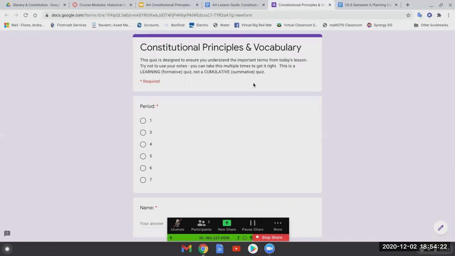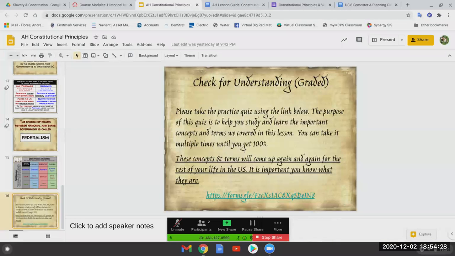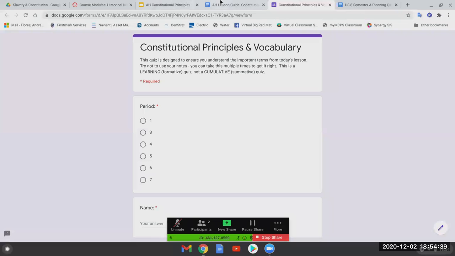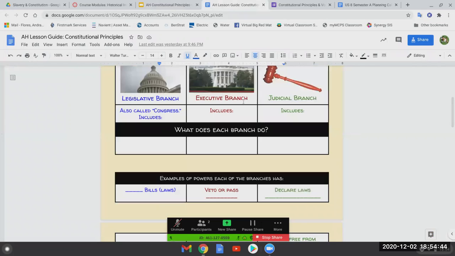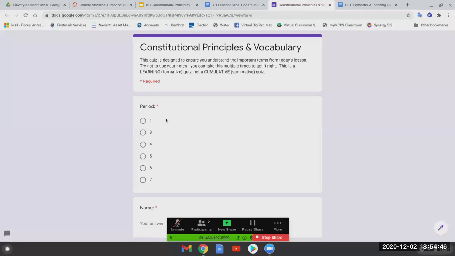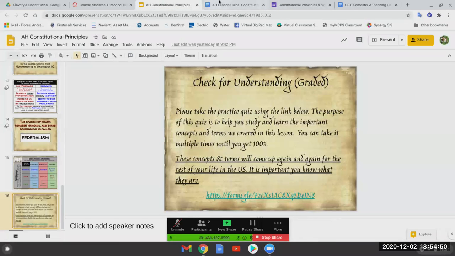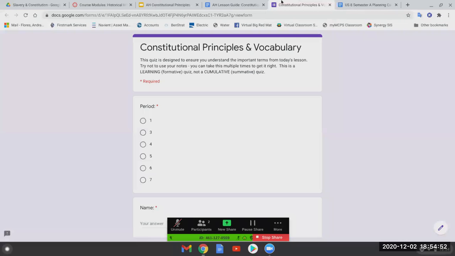You can take it multiple times until you get 100%, but please take advantage of being able to take it multiple times to ensure that you really understand all of these things. It's a completion grade, and so I will be putting in the completion grade for this quiz. Your lesson guide does not need to be turned in. This is for you to take notes and to learn with to help you do your best on this quiz. So the graded portion of this assignment is this practice quiz.